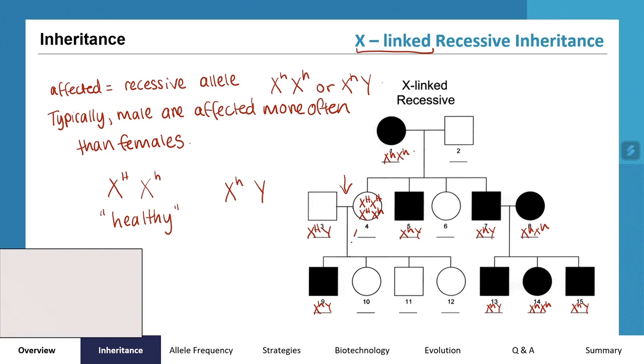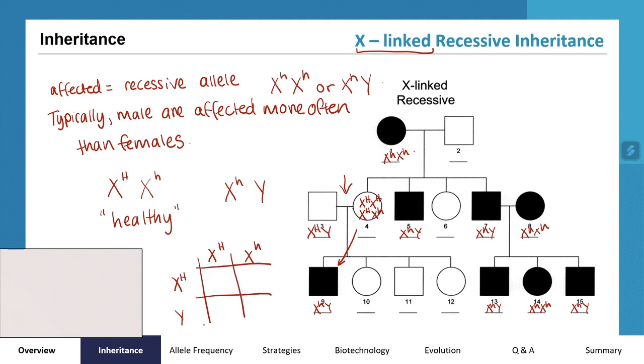Immediately, because one of the boys born to the parents is born with the disease, the mother has to be a carrier. So if I choose the heterozygous genotype, the mother has X capital H, X little h. The father has X big H, Y.